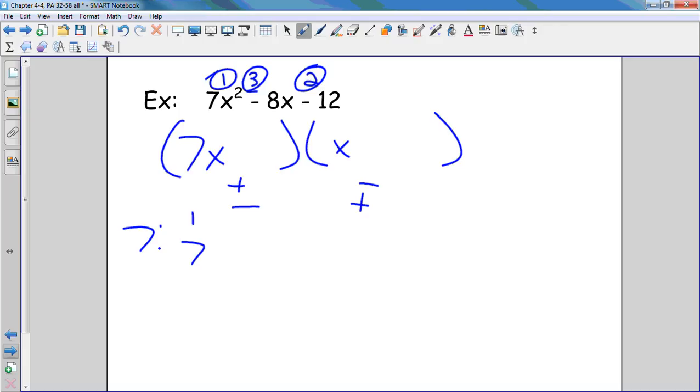Here's how you do it to start. If you're there and you're like, okay, I don't know what to do, start here. Take your step 4 and write out all your factors of 12. So write down 12, and I have 1 and 12, 2 and 6, and 3 and 4. Now, one of those numbers is going to be multiplied by what, Joseph?